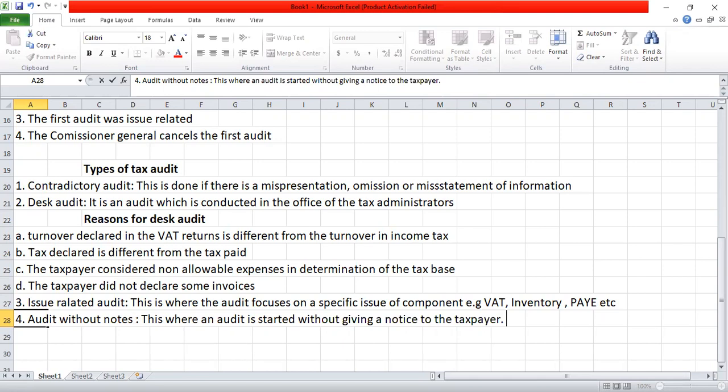So what are the reasons for an audit without notice?